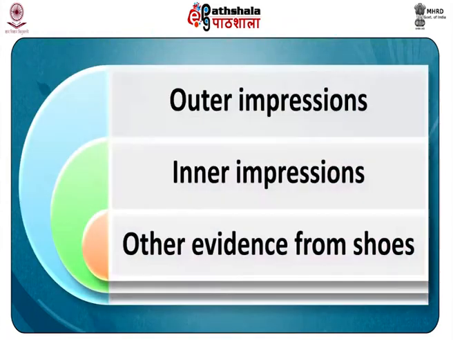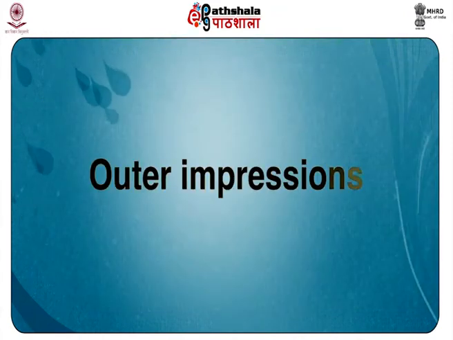The information from a shoe can be obtained in three different ways, that is, the outer impression, the inner impression, and other evidence from shoes. What is an outer impression? They are the imprints left on any entity that was produced by interaction with footwear.